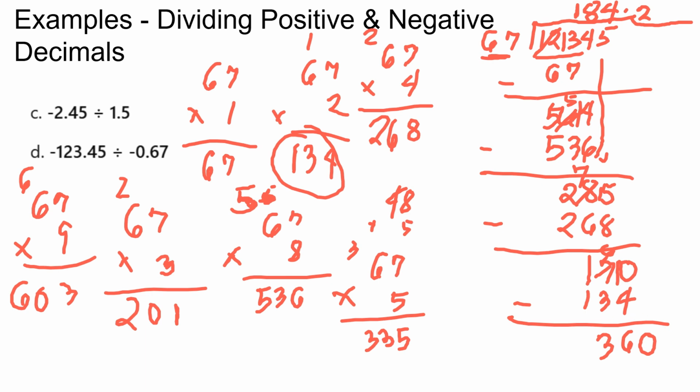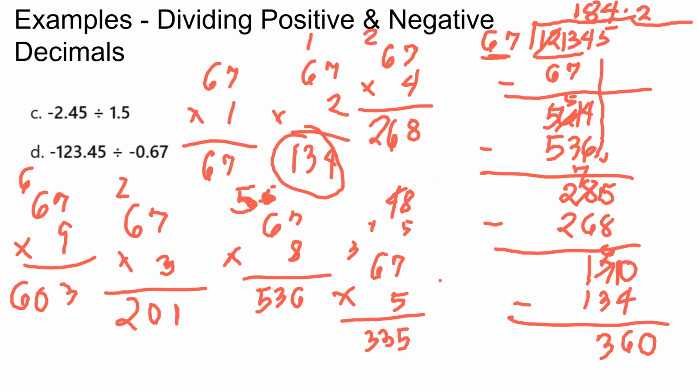How many? We look at the estimated multiplication we had just done a while ago. Again, how many 67s are there in 360?